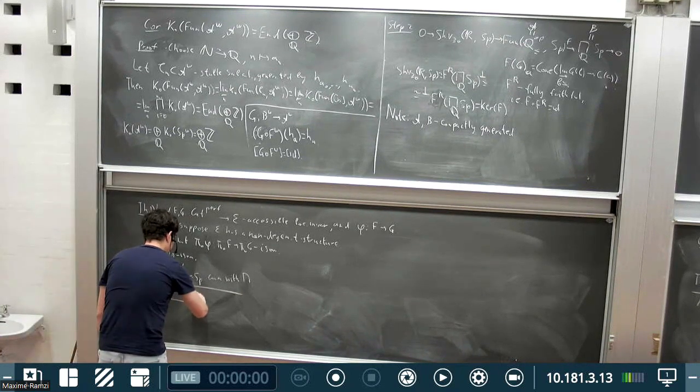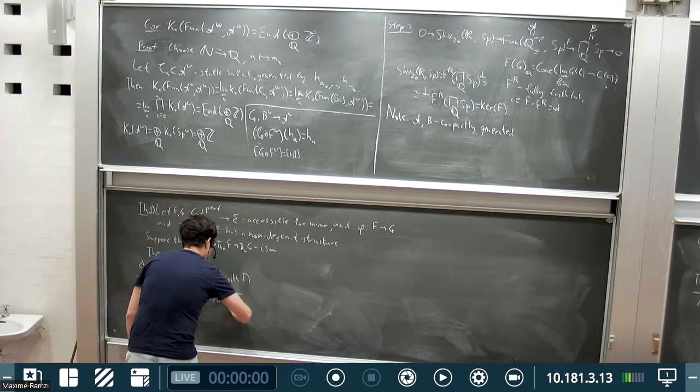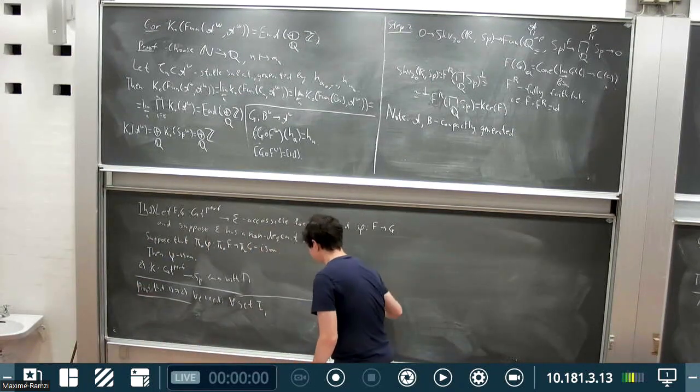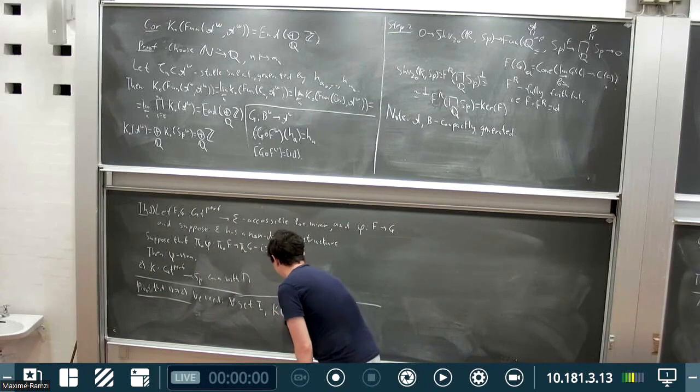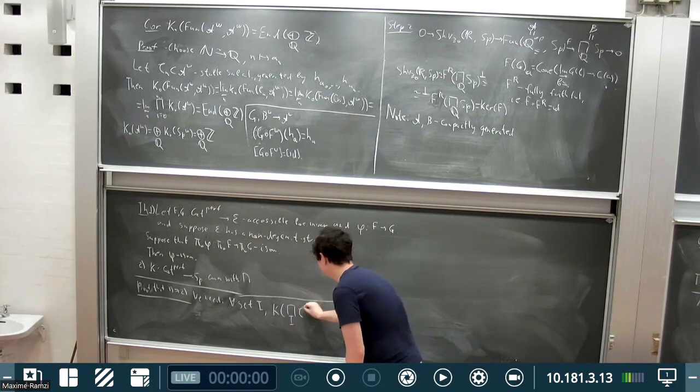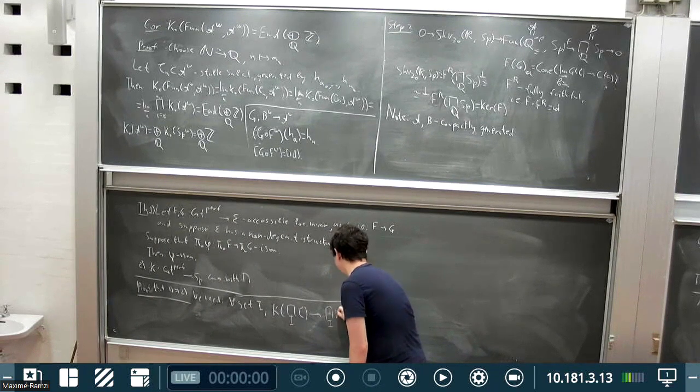So we need, for any set I, the map from K-theory of the product of copies of some small category C over I, going to the product over I of K-theory of C. This is an isomorphism.